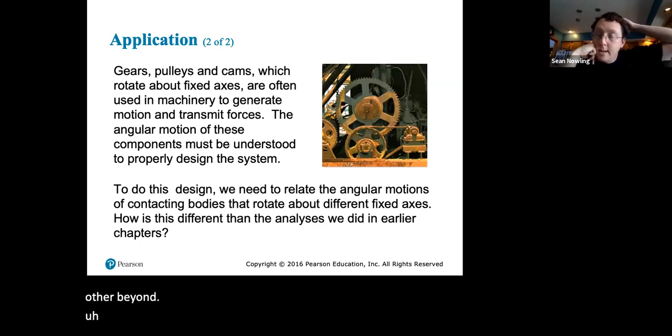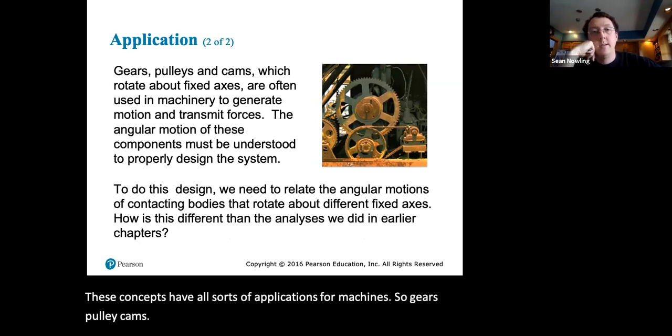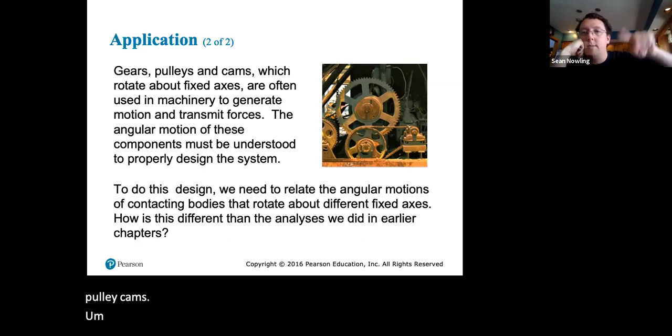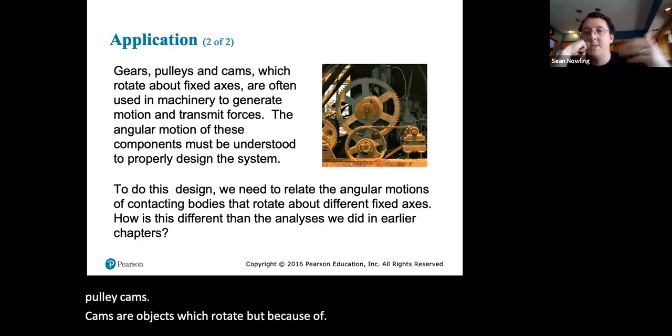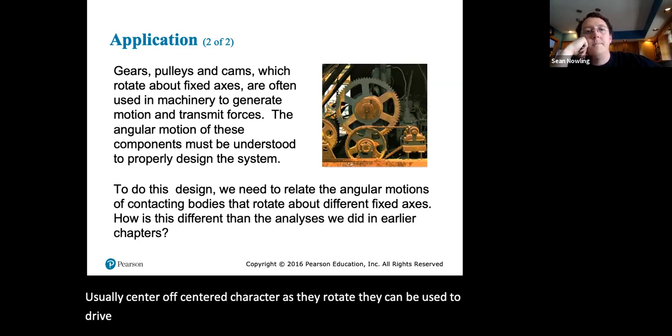Beyond amusement park rides, these concepts have all sorts of applications for machines. So gears, pulleys, cams. Cams are objects which rotate, but because of usually some sort of off-centered character, as they rotate, they can be used to drive horizontal motions, or I should say just translational motions.